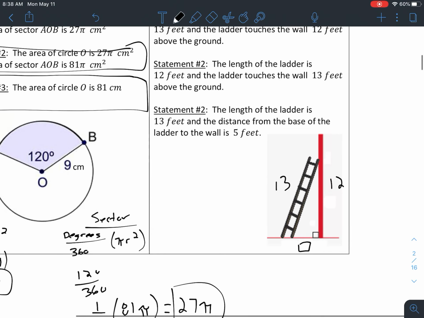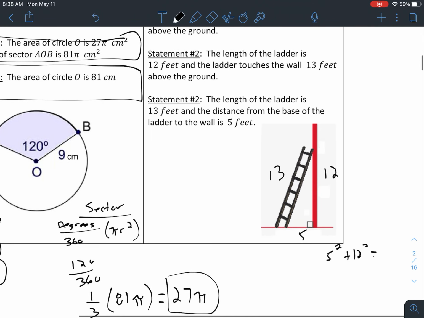So let's check this out, the one saying the base is 5. Let's do a little math with this. We know a squared plus b squared equals c squared. So 5 squared plus 12 squared is equal to 13 squared. Let's try that out. 5 squared is 25, plus 12 squared is 144, and 13 squared equals 169.